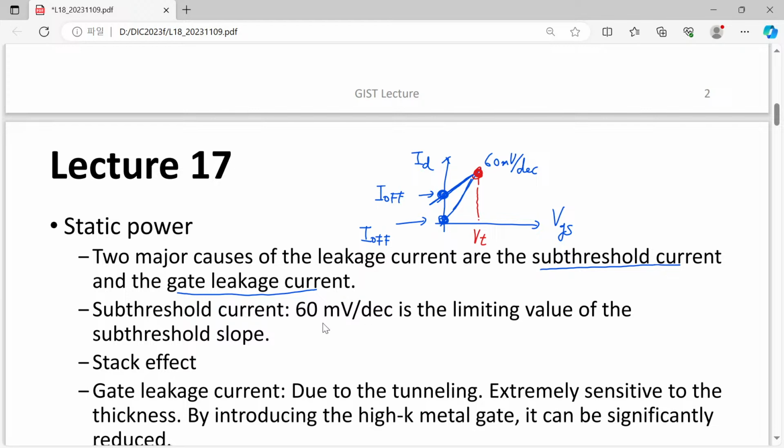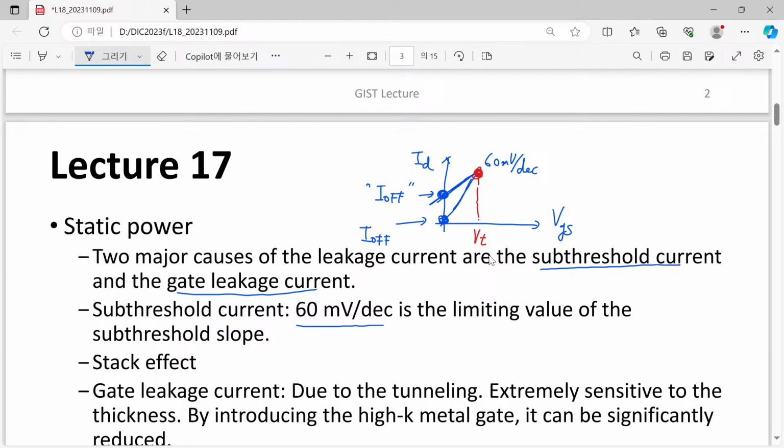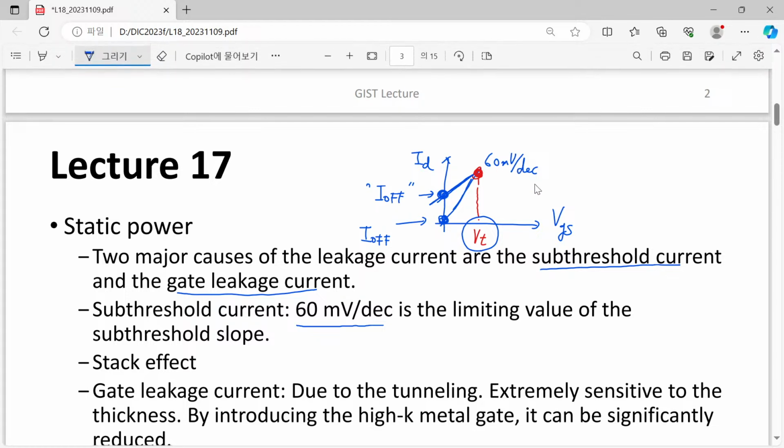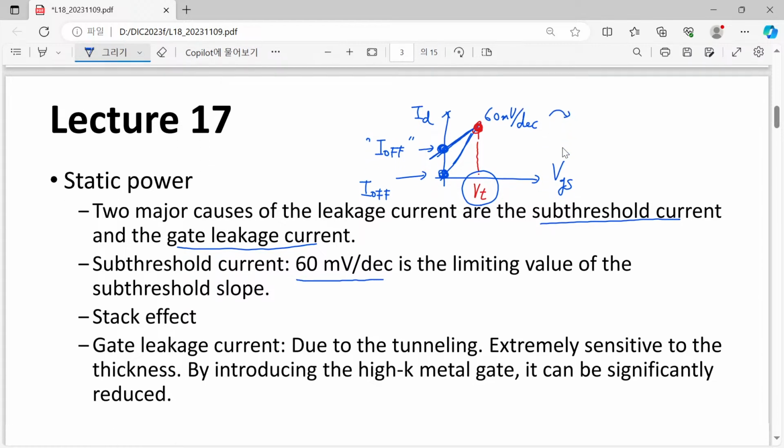So 60 millivolt per decade is the limiting factor for our off current minimization. For a given threshold voltage, we cannot further reduce the off current level dictated by this 60 millivolt per decade rate. We wanted to make even steeper devices, but it is not that easy.